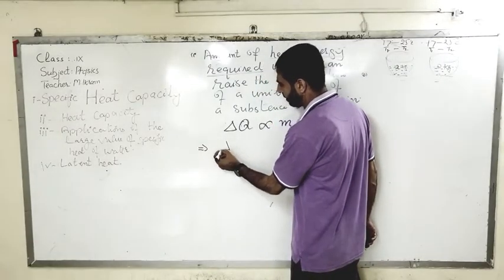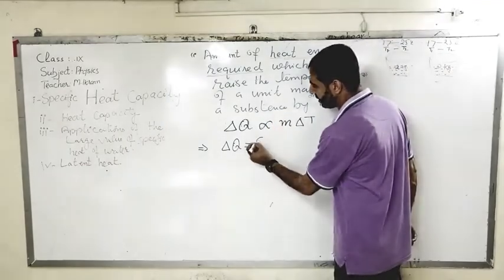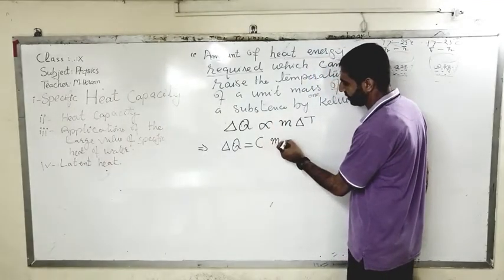This means that delta Q equals C into M delta T.